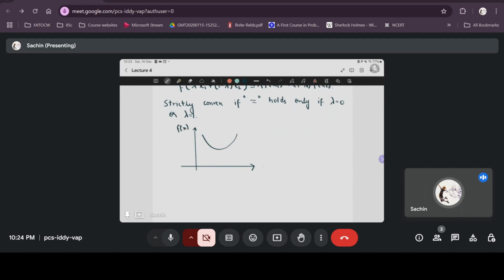This is f of x, the y-axis, x is the x-axis, and suppose it's convex in this interval. Then you pick 2 points, x1 and x2, and you pick some number lambda between 0 and 1. Then lambda x1 plus 1 minus lambda x2 will be some point in between x1 and x2. So this will be lambda x1 plus 1 minus lambda x2. If you pick lambda equals 0, that will be equal to x1. If you pick lambda equals 1, that will be, no.